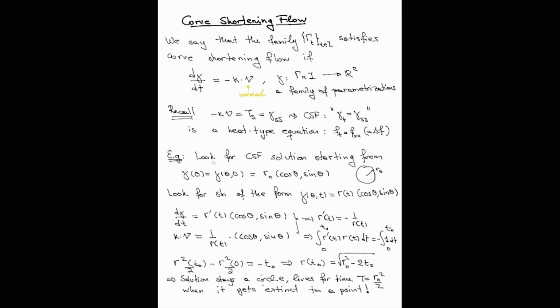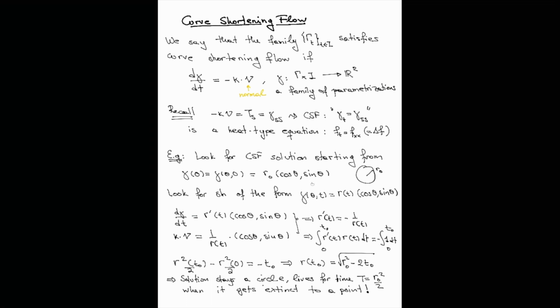I have my gamma(theta, 0), where the 0 indicates that this is my initial curve. This is a circle of radius r0, so as I said before, this is r0 times (cosine theta, sine theta). So we're trying to find a solution for curve shortening flow starting from this curve.